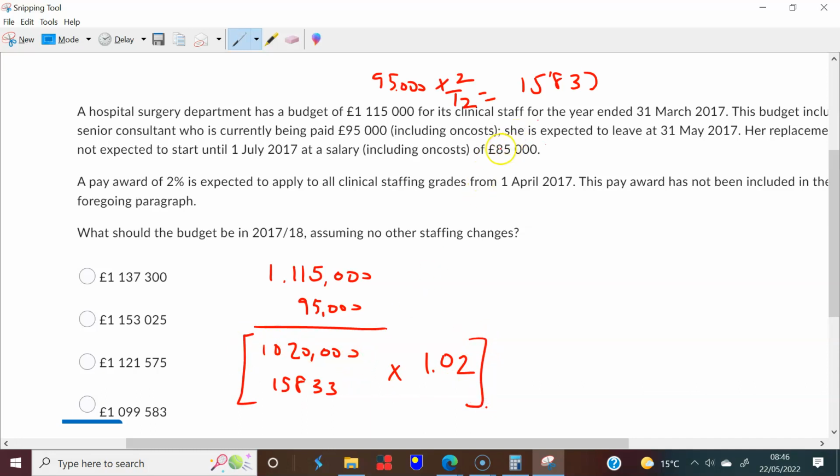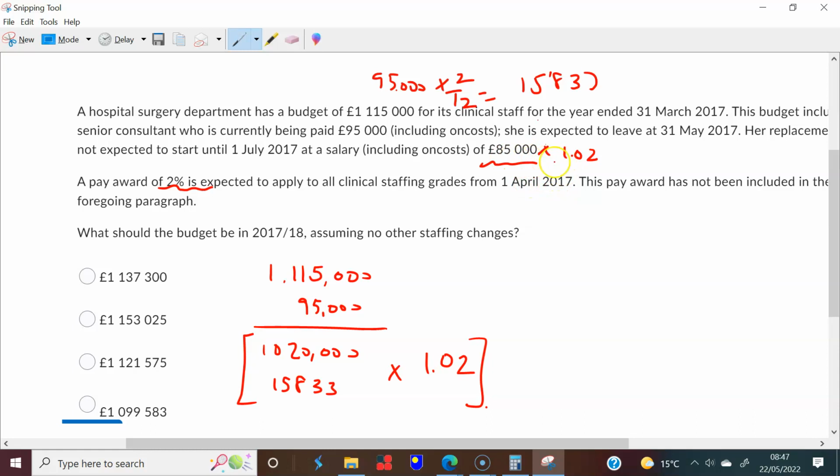I think there's two ways to think about this. The question tells you that this 2% will be applied. So this figure of 85 was at the initial pay grade. By the time we implement all the new directives, this pay grade is going to be upgraded by 2%, is what we're saying.